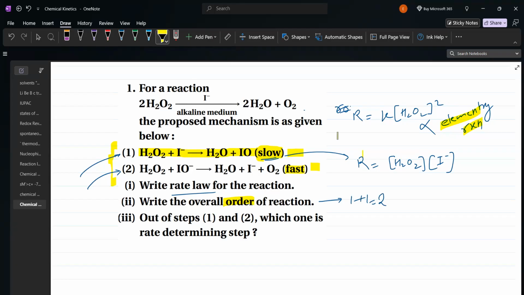Okay, so both of them are one, the power of concentration. So the order of reaction we get is two. 1 plus 1 is equal to 2, because the order of reaction is the sum of the powers of the concentration of the reactants. Rishita, did you get this? Yes, sir.